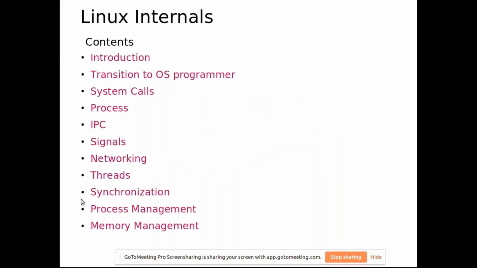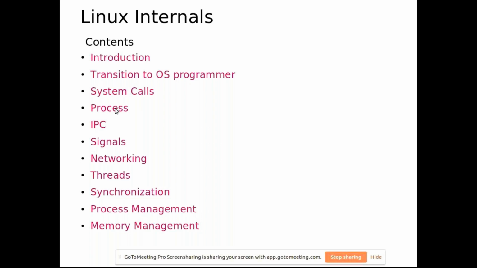So these are the contents for the whole Linux internals process. These are not all covered in today's session, but we can complete them in the next session. So these are the components. The first one is system calls. We'll study what a system call is, what the system calls are, and how they work.